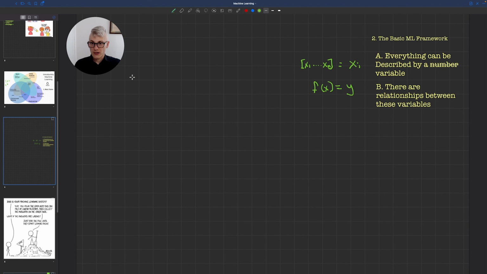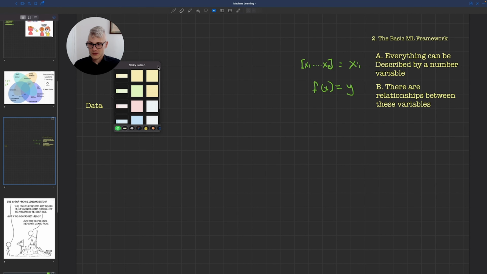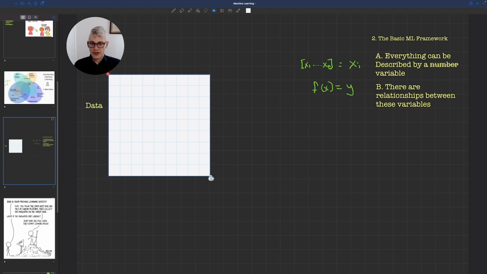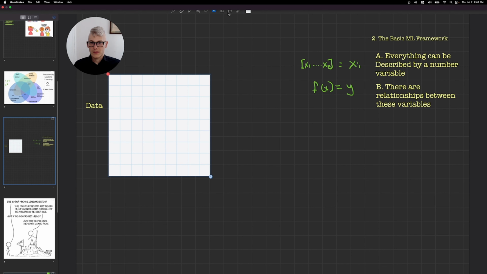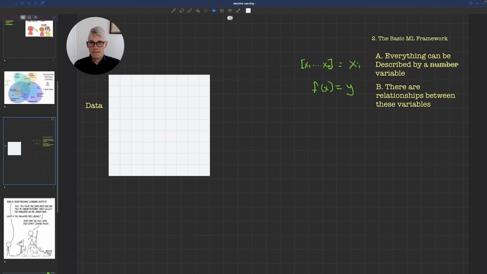So on the one hand, we know that what we're going to start with is some data. Now, I think most people are accurately picturing a spreadsheet, where we have a bunch of rows.